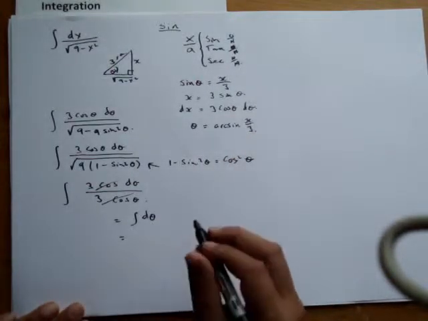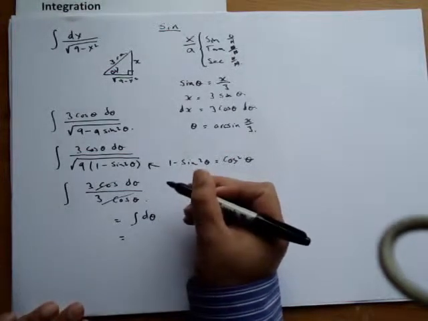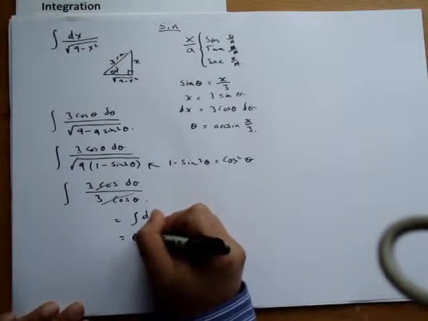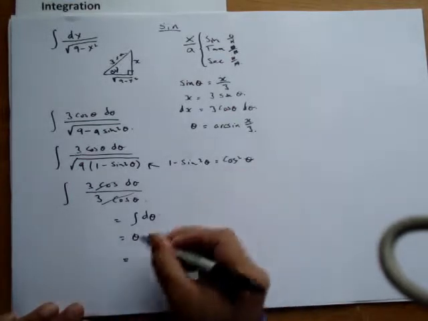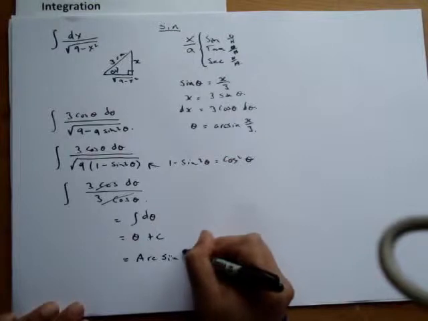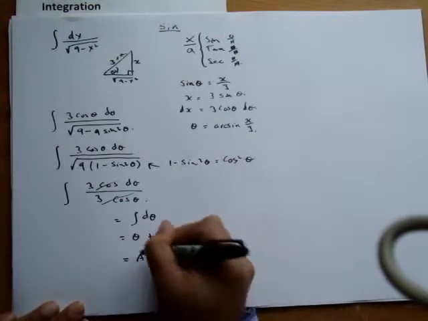So when we integrate d theta, we get theta plus c, and this theta is arc sine of x over 3 plus c.